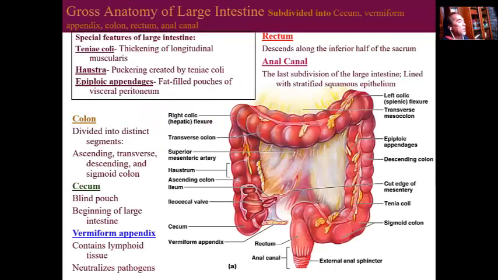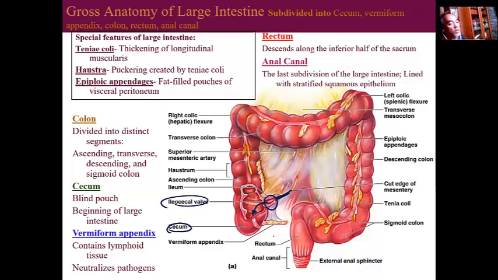Okay. So let's identify the structures that we see in the large intestine. So now I'm looking at this structure of the large intestine. I'm going to follow it into the opening from the ileum into a valve called the ileocecal valve, and it goes down to the cecum. The cecum is a round pouch.